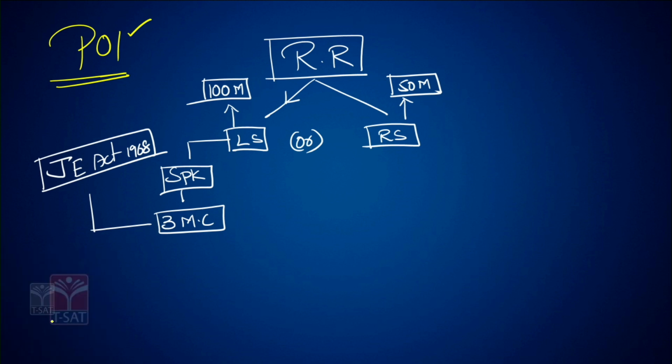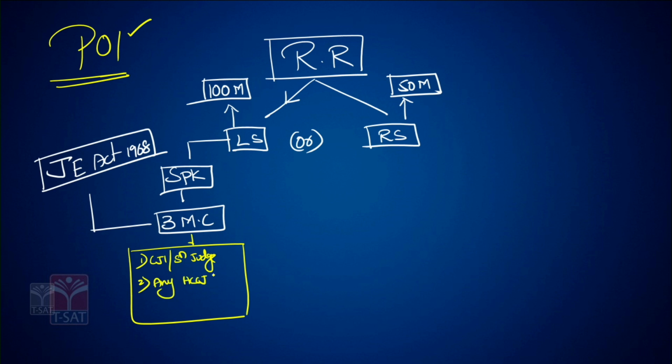The Speaker will constitute a 3-member committee. Who are they? 1. The Chief Justice of India or a Senior Judge of the Supreme Court. 2. Any High Court Chief Justice. And 3. A jurist. They will submit a report to the Speaker.